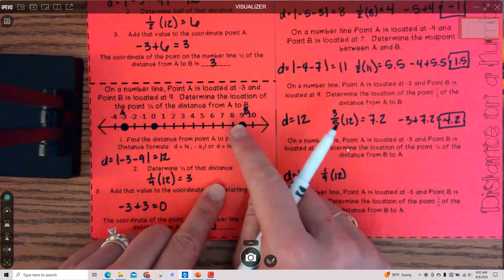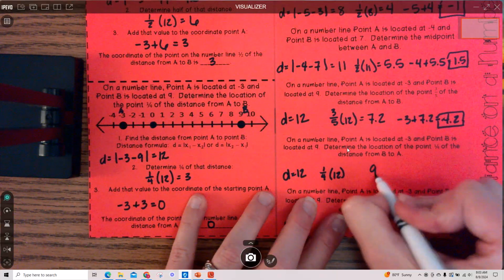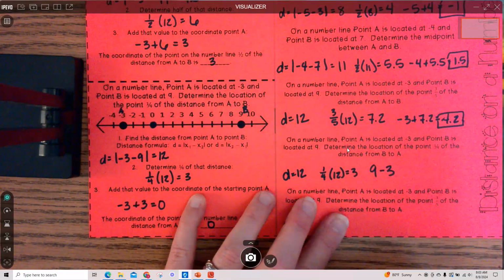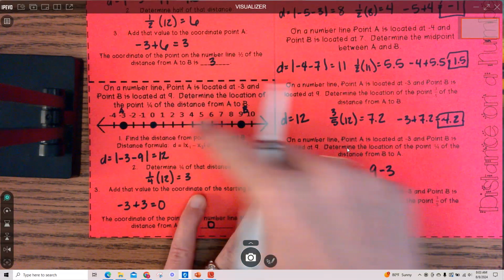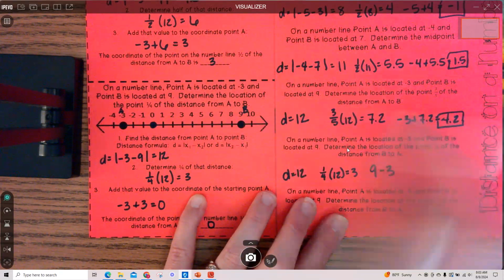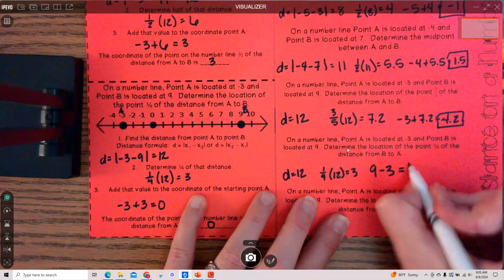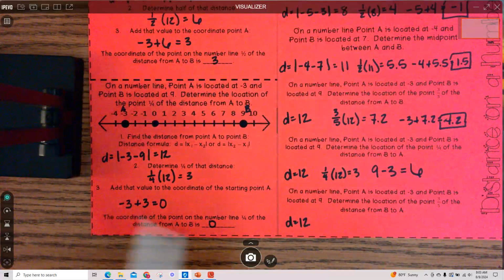If you're going the other direction, start with B. This is 3. And you're going to subtract that. So from A to B, if we're moving right on the number line, we're going to add. If we're going left on the number line, we're going to subtract. So that's where you have to be careful with these. Make sure you know what location you're going.